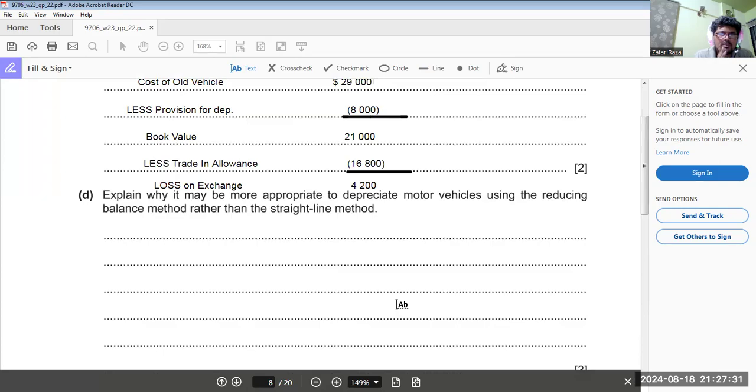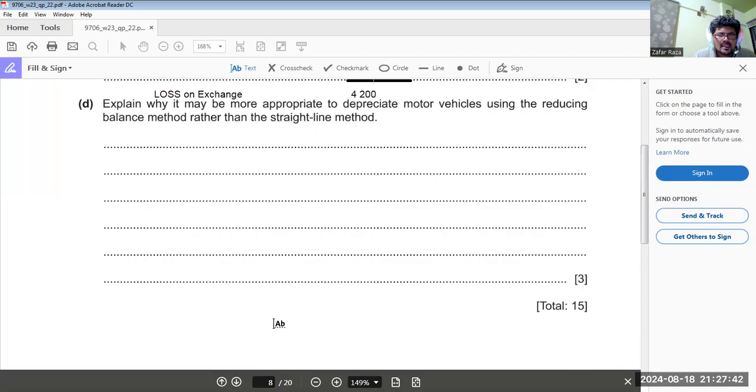Why is it more appropriate to depreciate motor vehicles using the reducing balance method rather than straight line method? Actually, all my beloved students, please remember always, straight line method is used for those non-current assets which do not have efficiency as a controlling factor. Getting my point here?